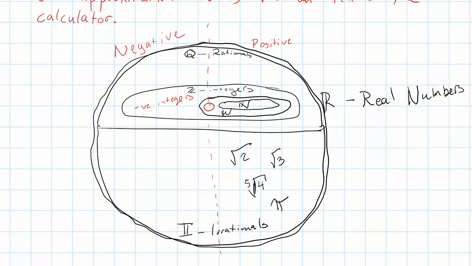So the real numbers consist of all the rational numbers and all the irrational numbers, all of the positive numbers and all of the negative numbers. The real numbers is the biggest number set we're going to deal with in this class. And for the most part, we are not going to pay that much attention to the irrationals, except to notice when they pop up.